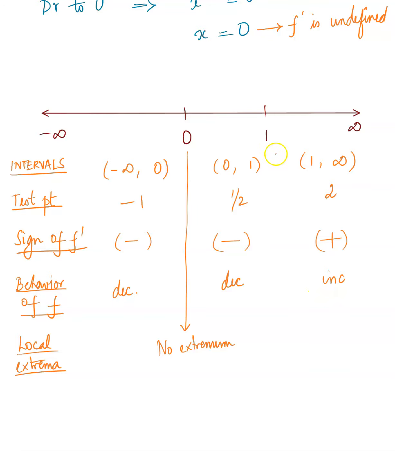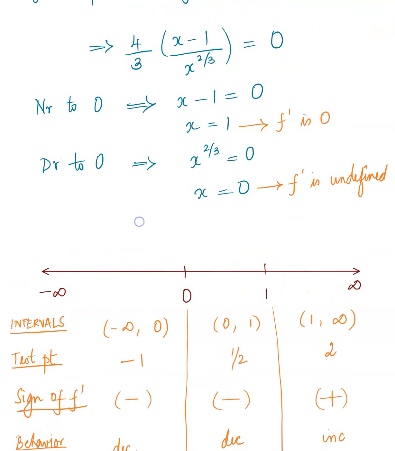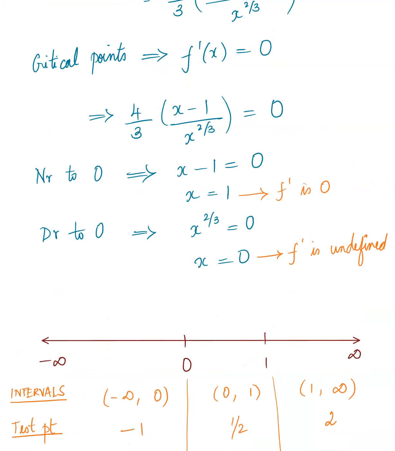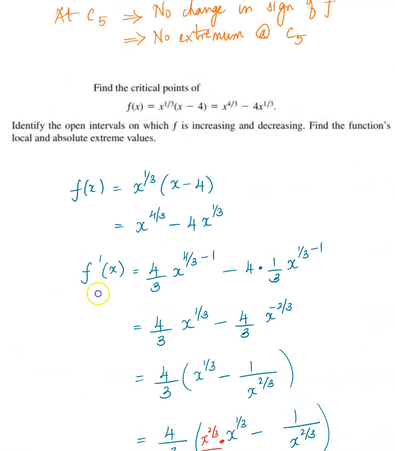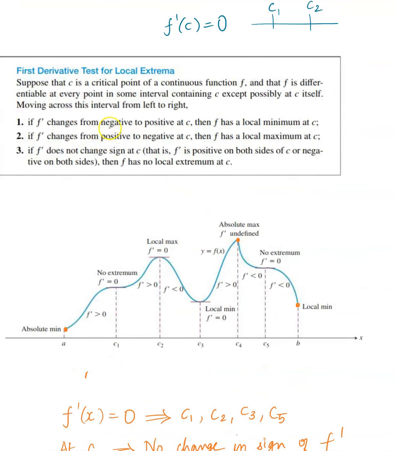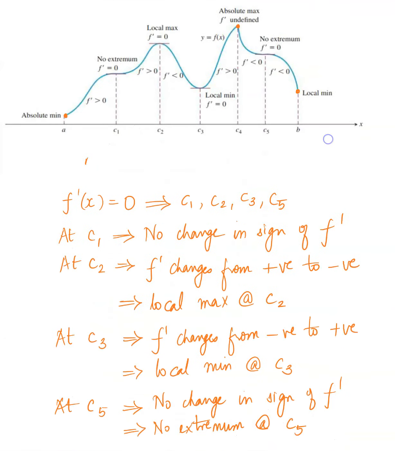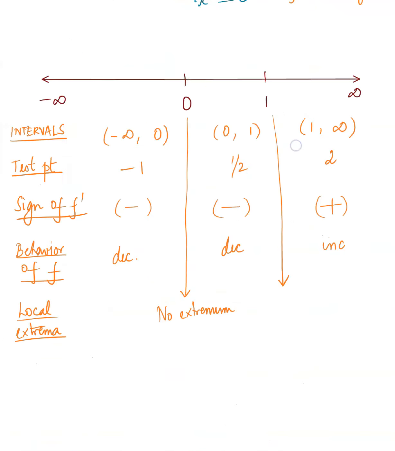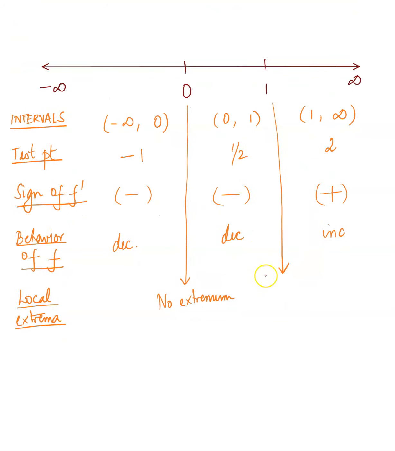From decreasing to increasing, there was a change in sign. So I want to go back here, decreasing to increasing, minus to plus. When it changes from negative to positive, there's a local minimum at c. So then I come back here and say, okay, there is a local minimum at 1.